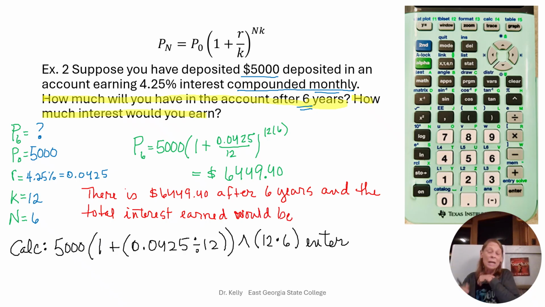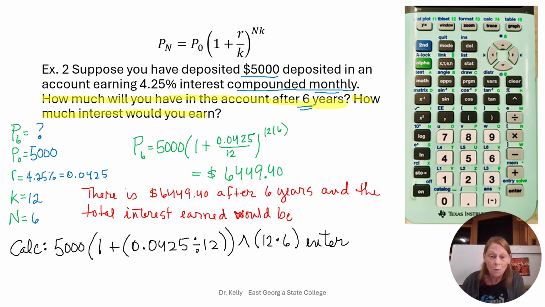Now, if we deposited $5,000 and at the end of 6 years we have $6,449.40, then it goes to figure that we've gained $1,449.40. That is the difference between the P sub 6 and the P naught. So it's the difference between the total amount in the account minus the amount that you put in to begin with.